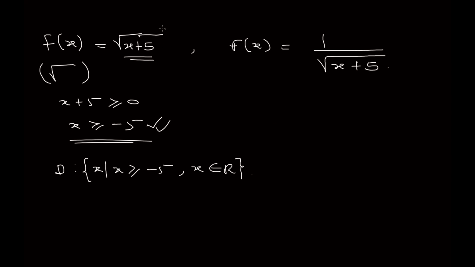Now, these are very similar functions here, but one is the inverse of the other. Is the range going to be the same? That's the question we must ask ourselves. No, it's not going to be the same. Why? Because here, remember, we said that 0 is okay. But what has changed here? There are two things that must not be found here. The first thing is that we don't want x plus 5, the expression inside here, to be less than 0.